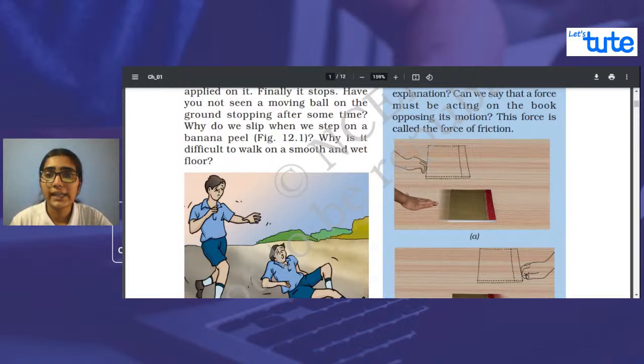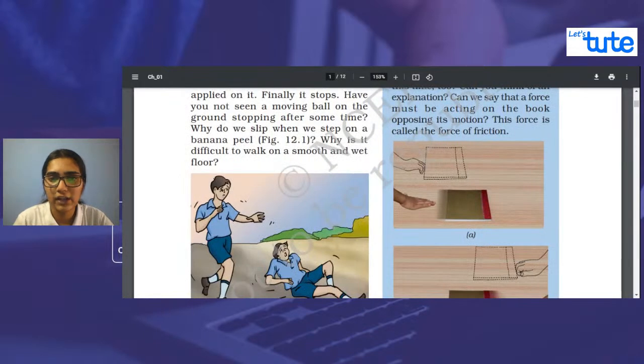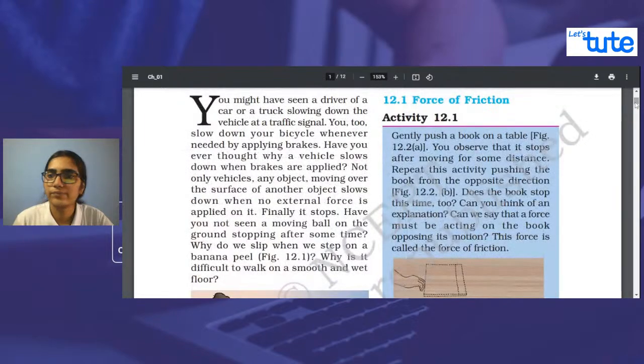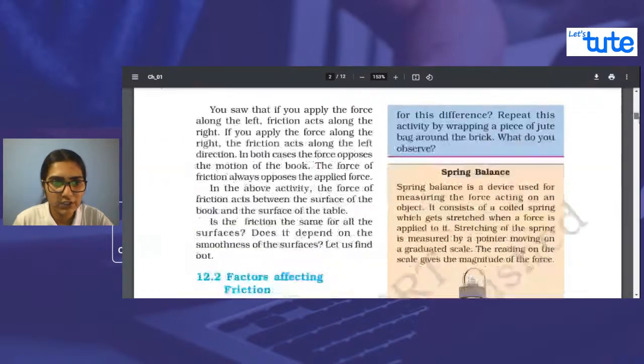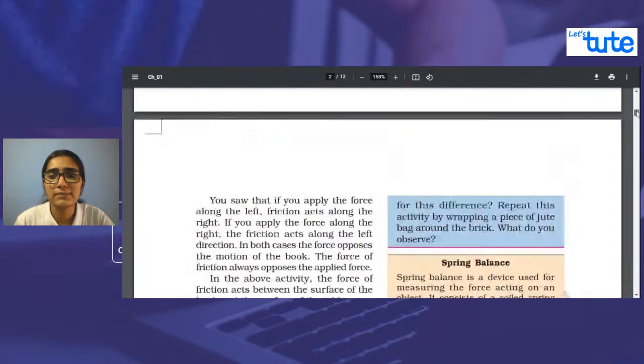Now, the next thing that you should know in friction is what is the direction of friction. So let's understand it here. If you apply force along left, the friction acts along right. Now, what does this mean?